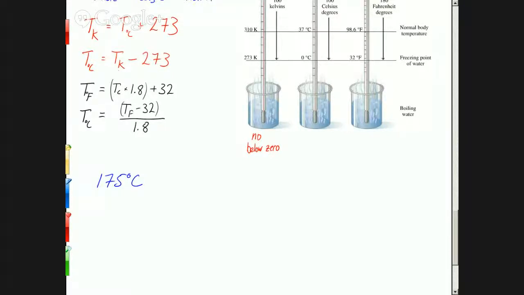So try to punch out the numbers on your phone or something, see what you get. And let's make sure we can all get these conversions. What do you get? 347.